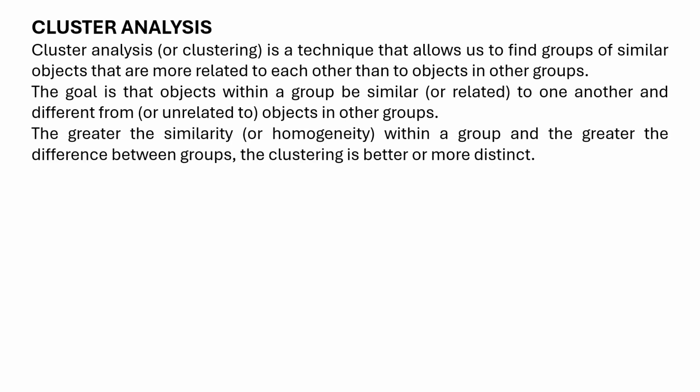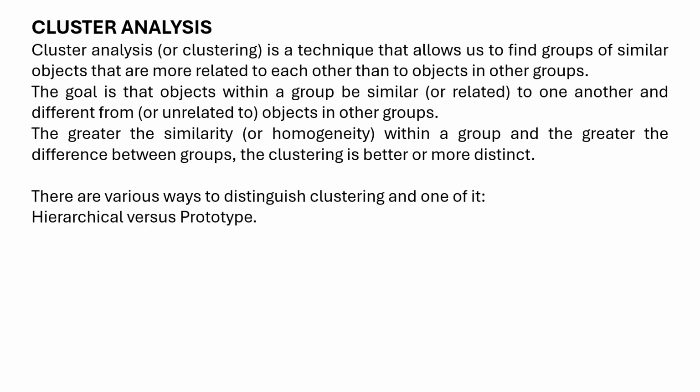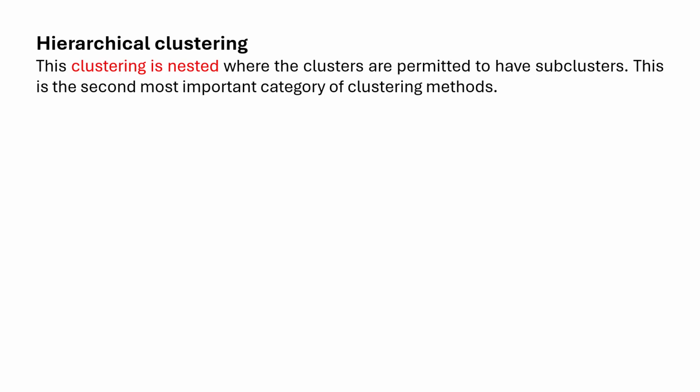The greater the similarity or homogeneity within a group and the greater the difference between groups, the better or more distinct the clustering. There are various ways to distinguish clustering, and one of them is hierarchical versus prototype. Hierarchical clustering.